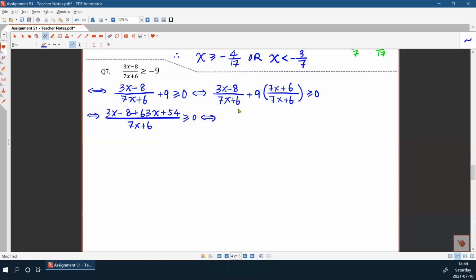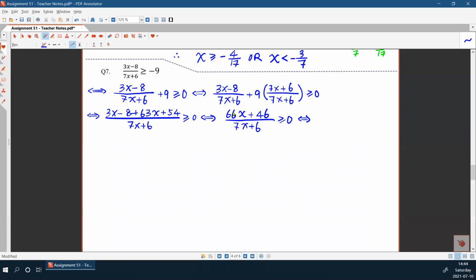And this is equivalent to 3x plus 63x, which is 66x. And 54 minus 8 is 46, right? Over 7x plus 6, which is greater than or equal to 0.